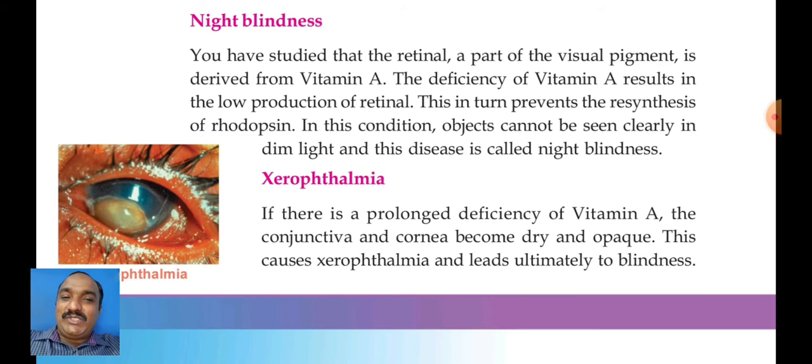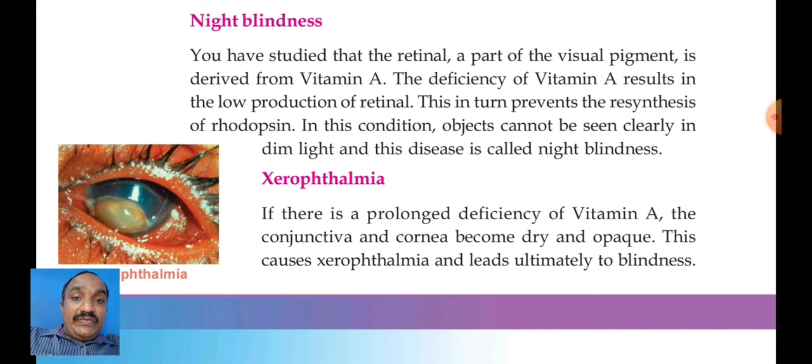Next we can move to the next disease or disorder, that is called xerophthalmia. When the deficiency of vitamin A is there in the diet, first it will lead to a condition called night blindness. When the night blindness prolongs for more days or months, when vitamin A is deficient in his body, then serious or major problems will be there.